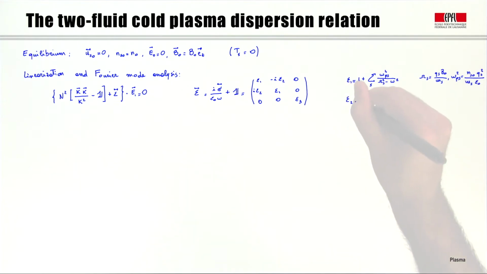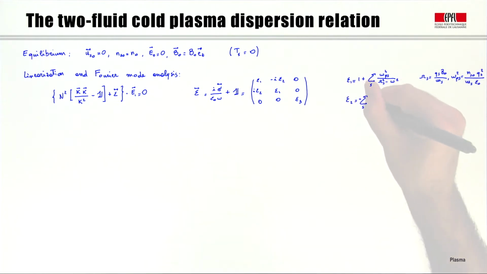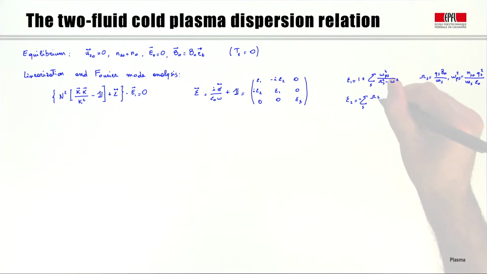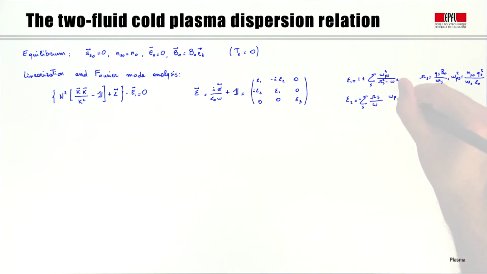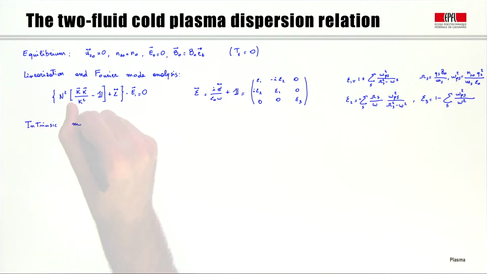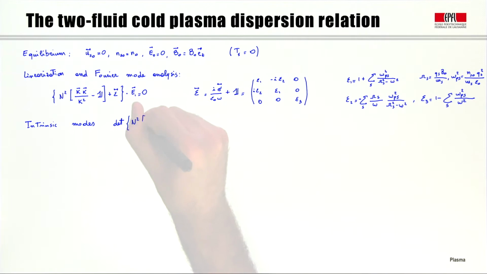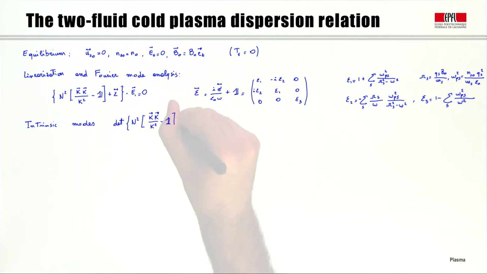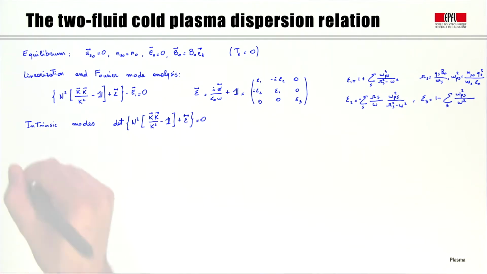And epsilon 2 is given by minus the sum over all species of omega s divided by omega times the plasma frequency, and epsilon 3 is 1 minus. The intrinsic modes present in the system are the ones for which the determinant of this matrix here is equal to 0. A few observations.